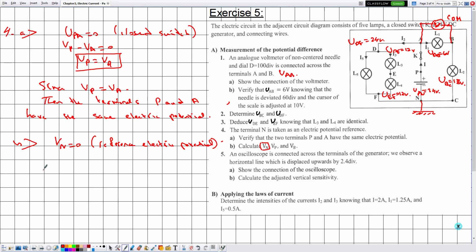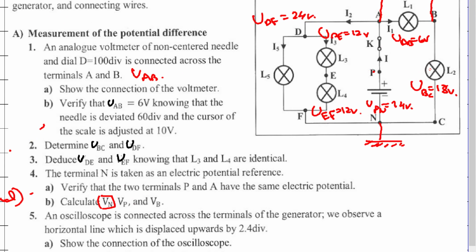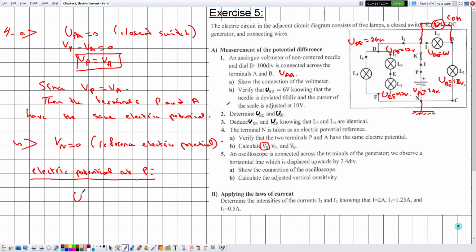Now let me start with the electric potential at P. In order to determine the electric potential at the point P, we need to consider another point in which we know the electric potential and we know the voltage between them, which is UPN equal to 24 volts. Now VP will appear explicitly here because UPN is written as VP minus VN, which is equal to 24 volts.